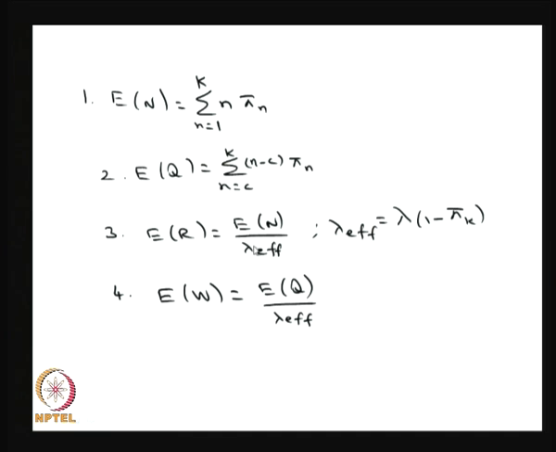Since it is a finite capacity, you have to find the effective arrival rate, lambda effective. The probability that the system is not full is 1 minus pi K, since the capacity is capital K. So, the effective arrival rate is lambda times 1 minus pi K. Substitute it here and get the average time spent in the system. Similarly, you can find the average time spent in the queue using Little's formula.